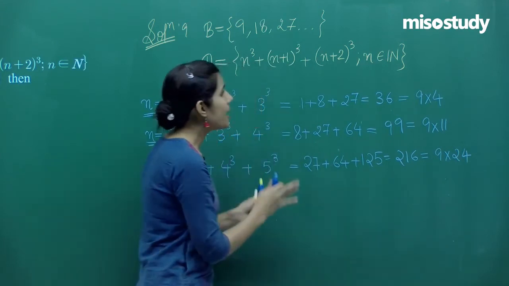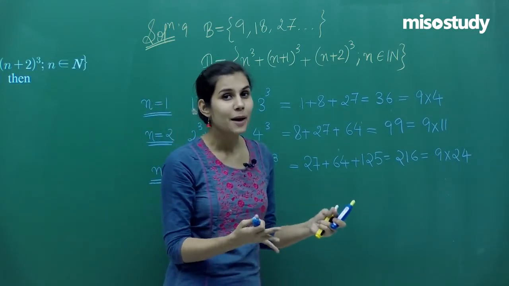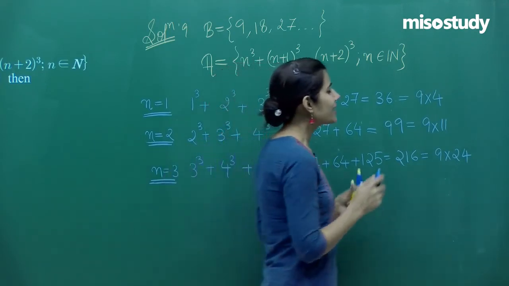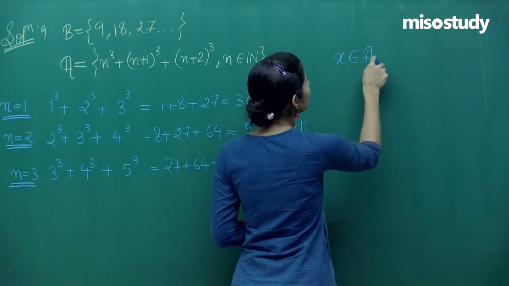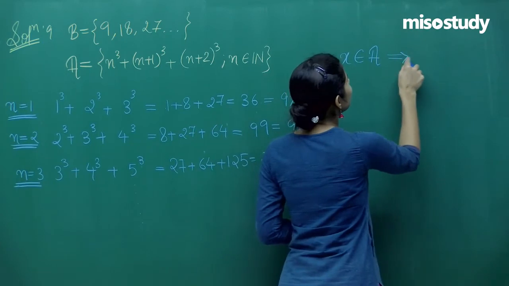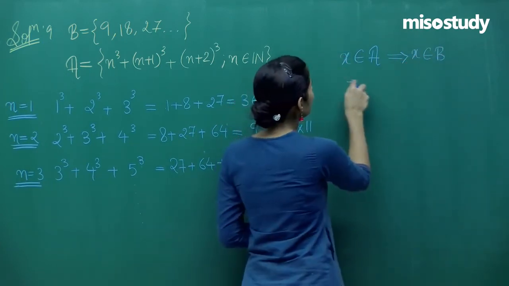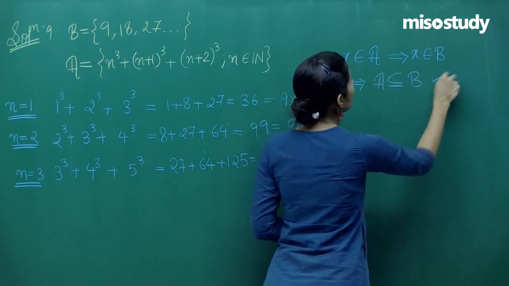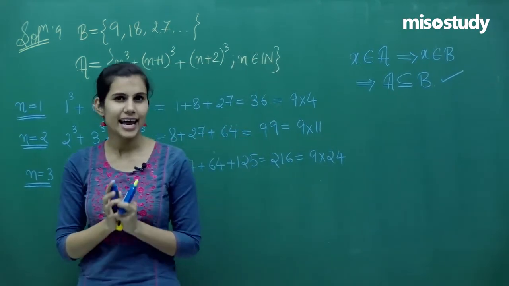Therefore, every member of A is already a member of B, because B contains all multiples of 9. Thus, the conclusion is that if X is a member which belongs to A, it will be a multiple of 9 and therefore it is going to sit inside B also. And thus, my A will be a subset of B. This is the relationship between the sets A and B.